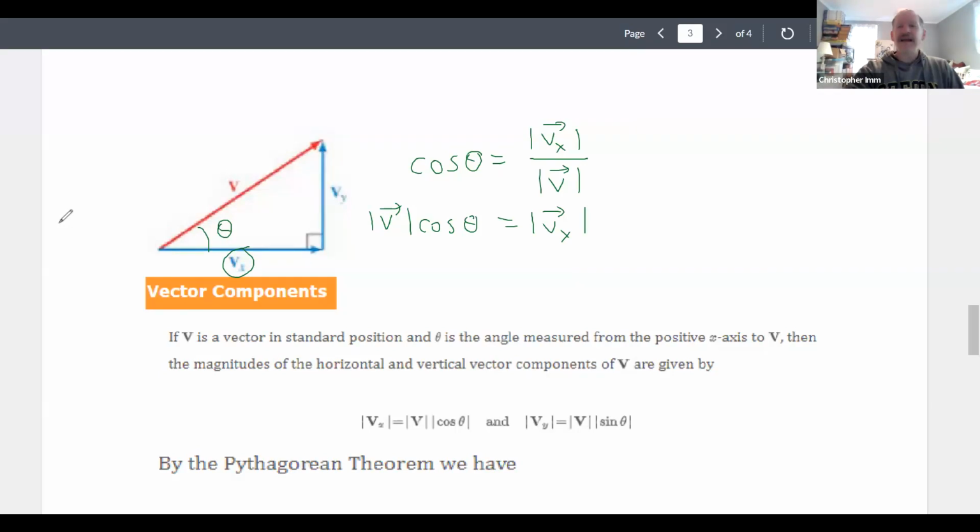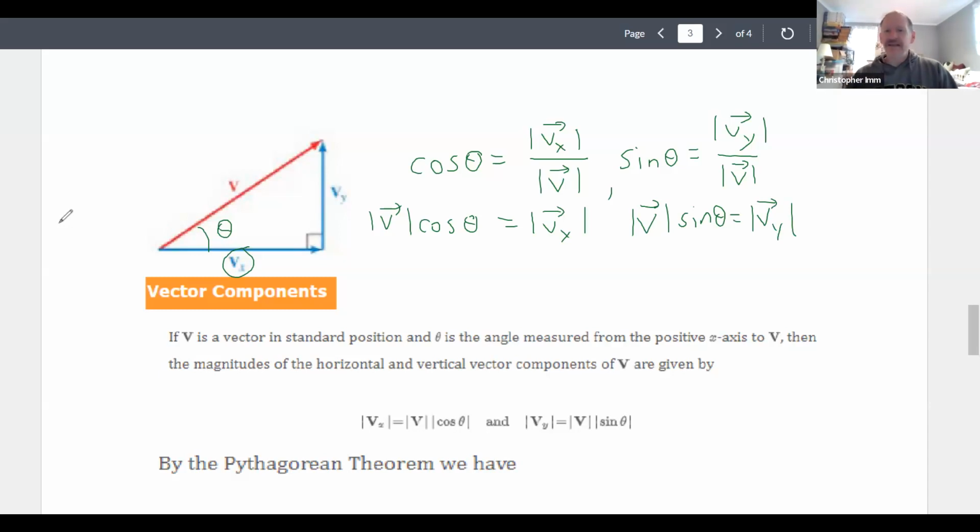Similarly, if I take the sine of that angle theta, which is given by our angle in standard position there, that's going to be the magnitude of the opposite side, v sub y, over the magnitude of the vector. And so I could say, multiplying by the magnitude of v, that the vertical component is going to be the magnitude of v times sine of theta.